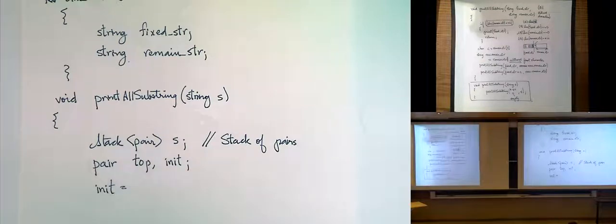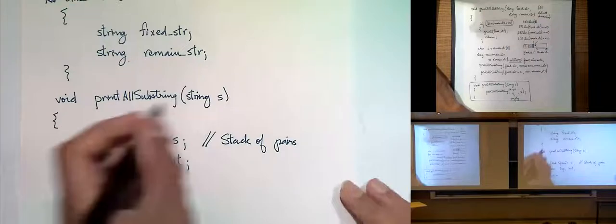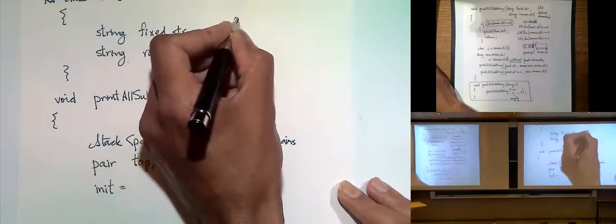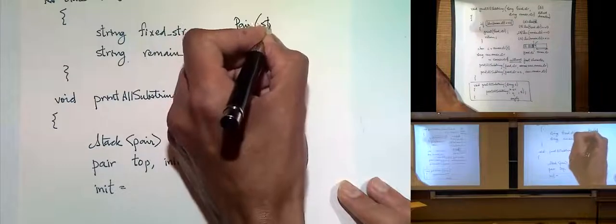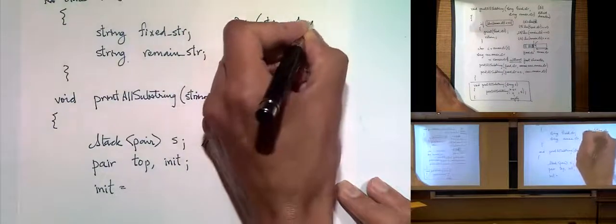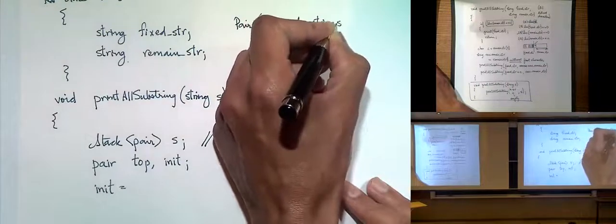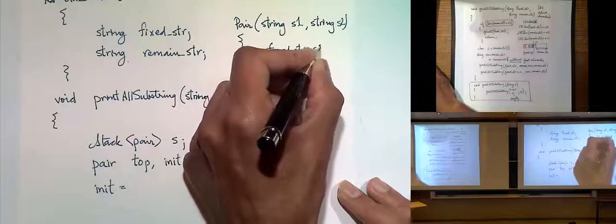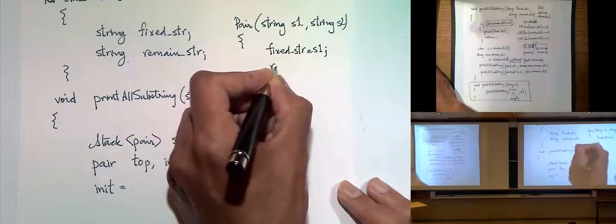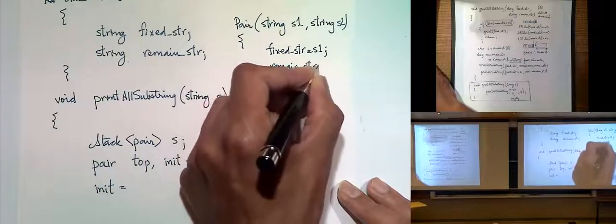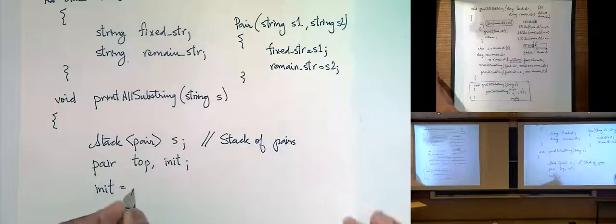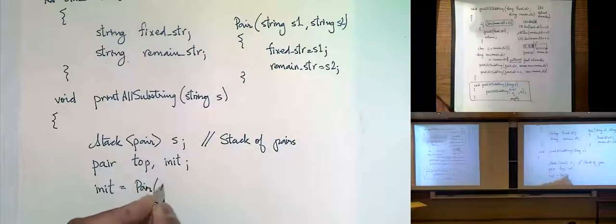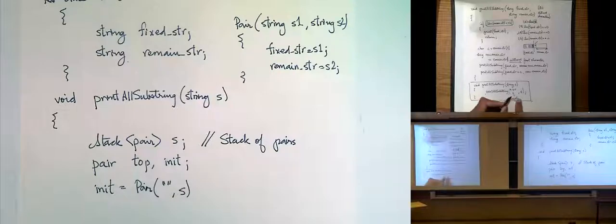I'm going to be a little casual with my notation over here, but maybe there's a constructor here with string S1, string S2 such that fixed string is equal to S1 and the remaining string is equal to S2. So I'm going to have a constructor here where I create a pair of the empty string and S. This is exactly mimicking the first call that is made. That is what you push onto the stack at the beginning.